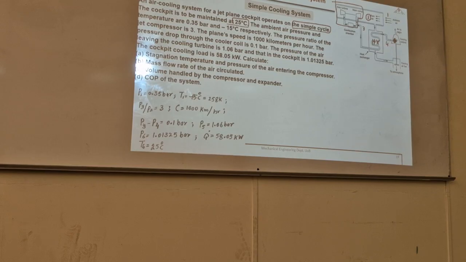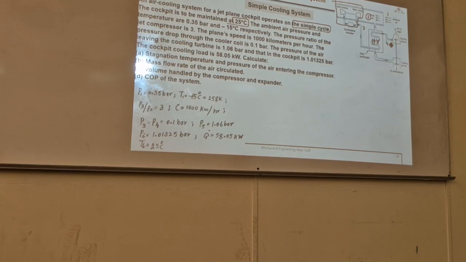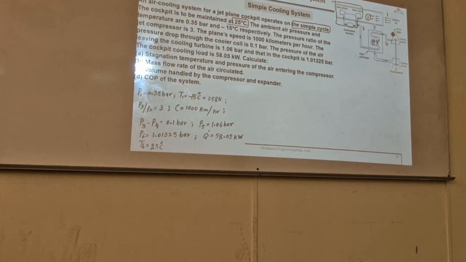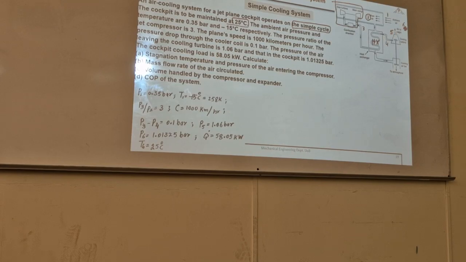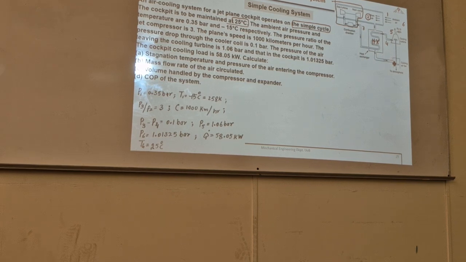Then 4 to 5 is the process occurring in a turbine. Then what is 5 to 6? Cooling, or the refrigeration effect, the refrigeration process inside the cabin. These are the points.